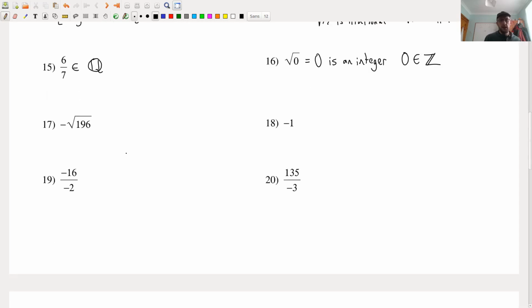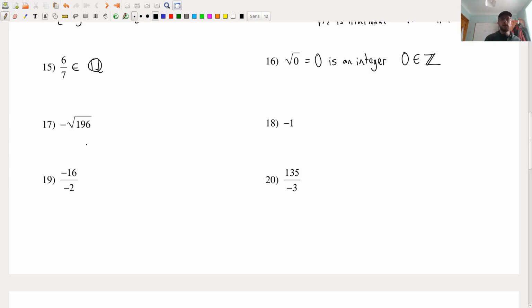Now, negative root 196. Is 196 a perfect square number? It is. I recommend, in fact, learning the square numbers all the way up to 31. Why? Because that's all the square numbers under 1000. 31 squared is 961. 32 squared is 1024.